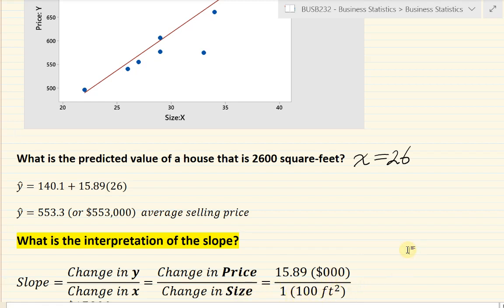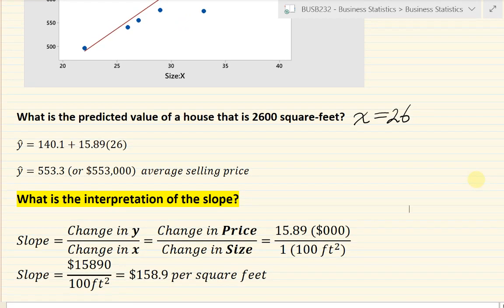So the next step is to change 15.89 to 15,890, and 1 means 100 square feet, right, each unit of x is 100 square feet. Then you reduce the fraction and you get 158.9. The units of the numerator are dollars, the denominator square feet.